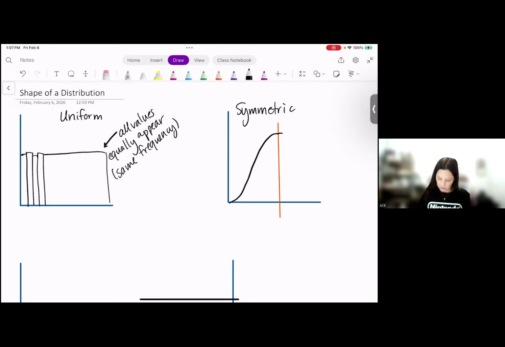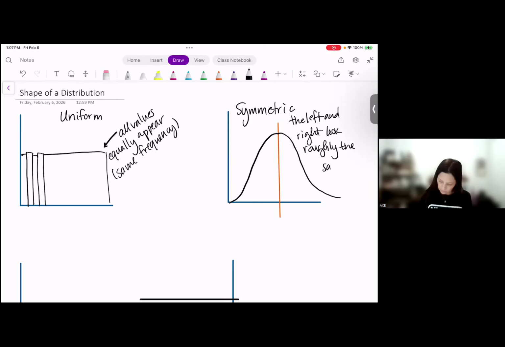So if my distribution looked like this, it's symmetric because the left-hand side and the right-hand side look roughly the same. Notice I'm using wiggle words like roughly or appear to be, because in order to be symmetric, it does not have to be identical. The left-hand side does not have to be identical to the right-hand side, but it can be roughly the same.